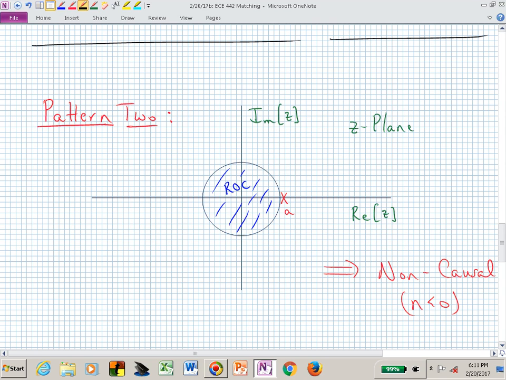Why is it non-causal? So I'm just calling it anti-causal or non-causal. I'm trying to distinguish between causal, n greater than or equal to 0, and anti-causal or non-causal being n less than 0. That's the way I'm defining my causals. Is that okay?